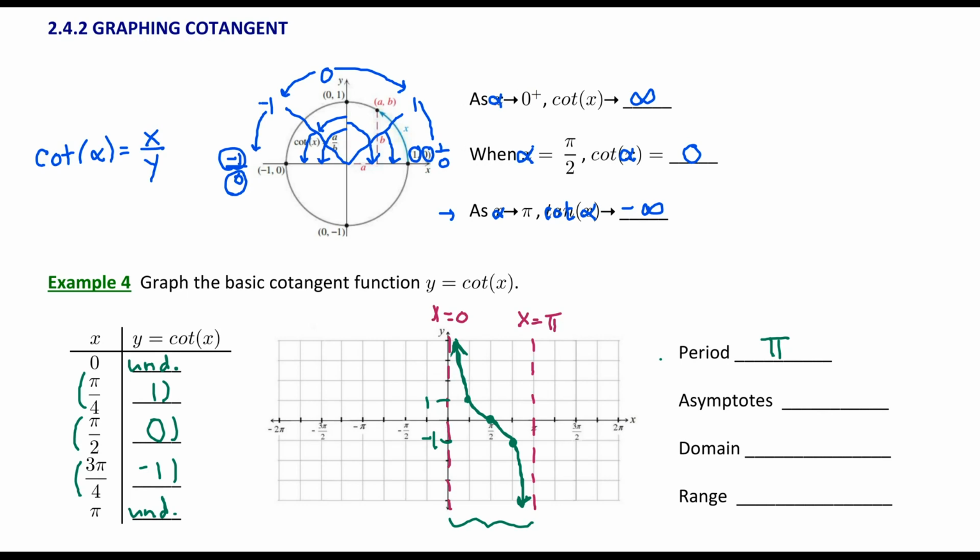Just as one fundamental cycle occurs in a distance of pi, we can repeat this shape every pi units on the x-axis. So we could predict the next vertical asymptote would be pi units later at 2 pi, or over here on the left side, pi units before 0, we would have a vertical asymptote at -pi, and also at -2 pi.